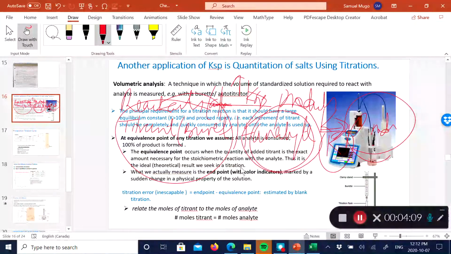The point at which you've consumed all the analyte is what you refer to as the equivalence point. Now, whatever the detector sees, if you are using a burette, the detector is your eye, and it sees a color change. Whatever you see is what you refer to as the end point.